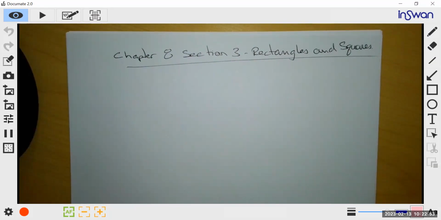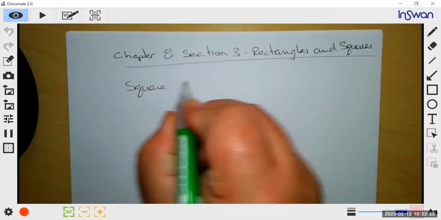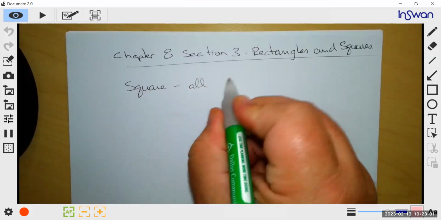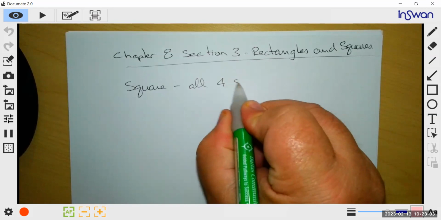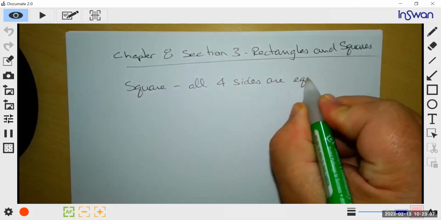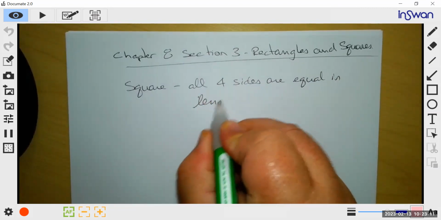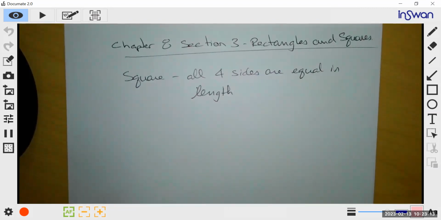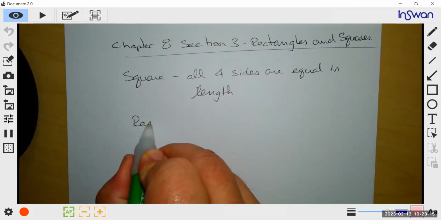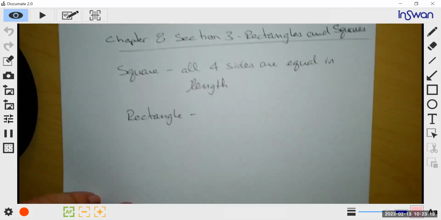What's the difference between a rectangle and a square? All four sides are equal in length. That's a square. What's a rectangle? What is it?